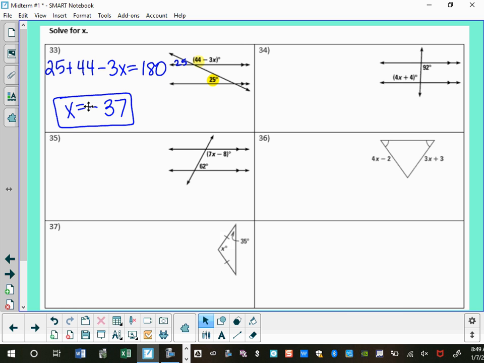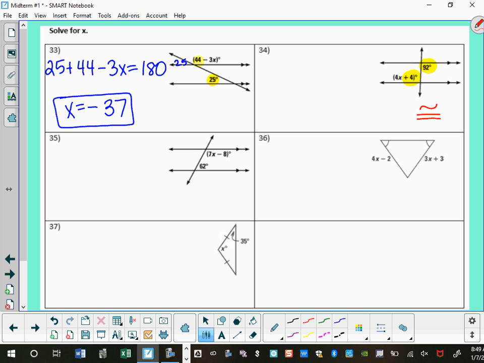All right, number 34. My angle relationship here is what? They're both on the interior. Eli, what do you think this is? Yeah, they're alternate interior. So will they be equal to each other or equal to 180? Equal to each other, so they're congruent.